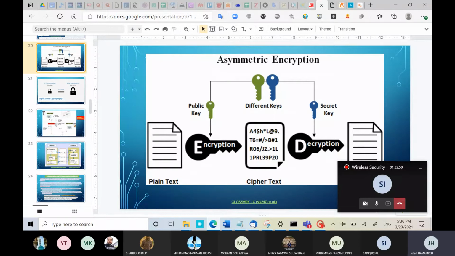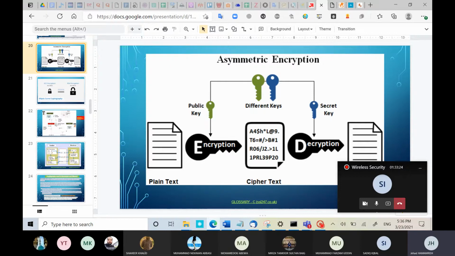Asymmetric encryption includes a private key and a public key. If you want to send information to your friend, he should share his public key with you, and you use this public key to encrypt a message to your friend. Then your friend will use his private key to decrypt what you have sent him.